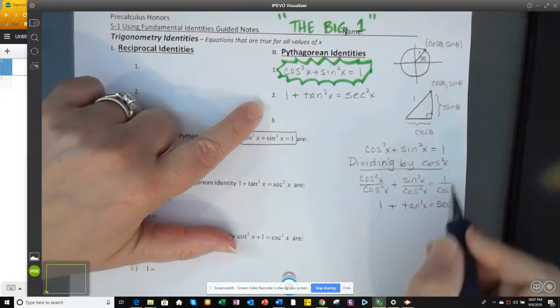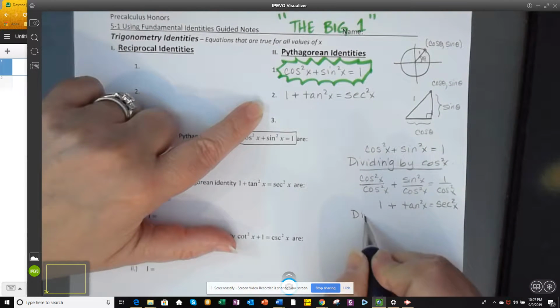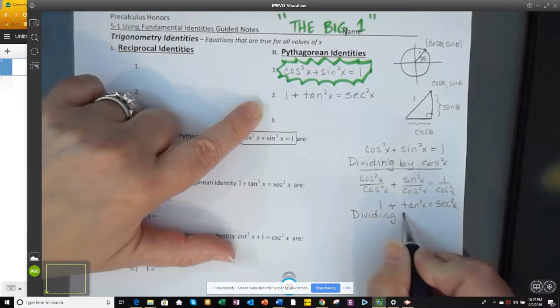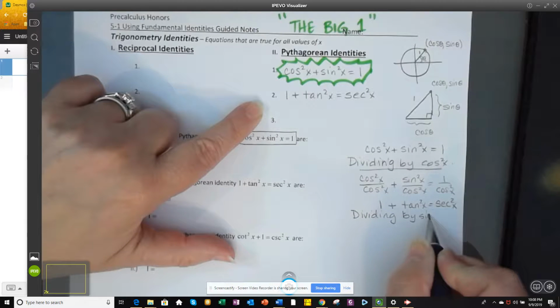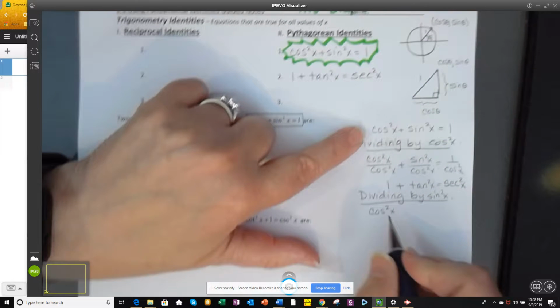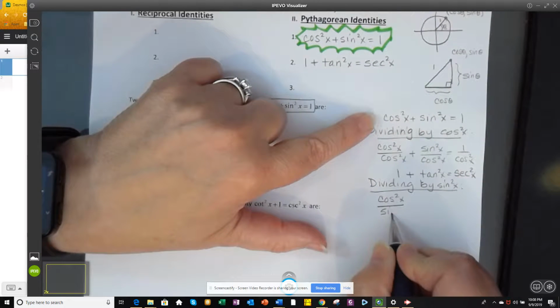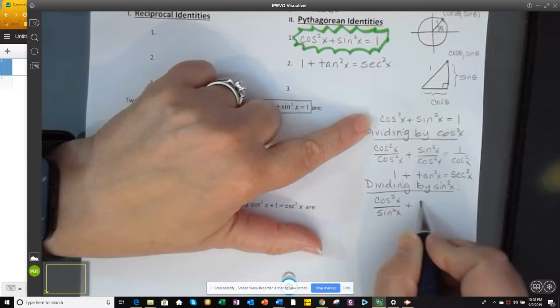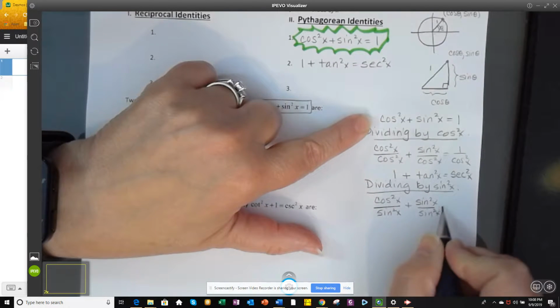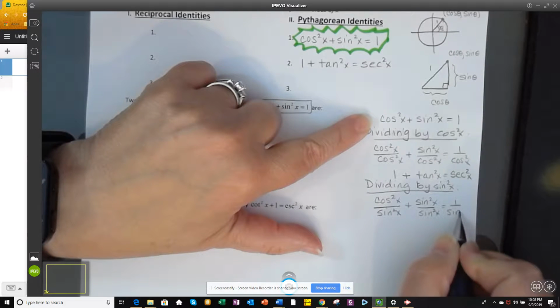And I got that by dividing the big equation here by cosine squared. So what could I do similarly? I could divide the big equation, the big one, by sine squared. And what would we get? We'd get cosine squared x divided by sine squared x plus sine squared x over sine squared x equals 1 over sine squared x.